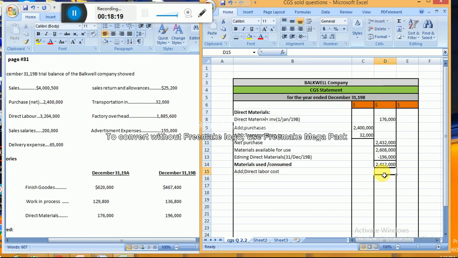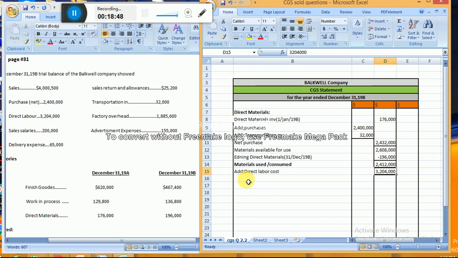How much? 32,04,000, that is direct labor. Look, this is the direct material cost, which is also called material consumed or material used, and this is the direct labor cost.